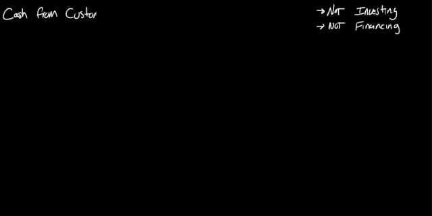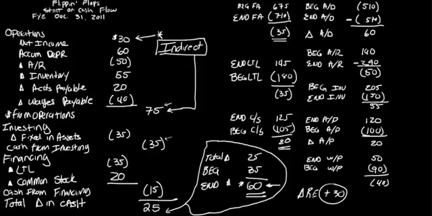To make this easy, let's go back and look at our original statement of cash flows. The two things we're going to do: we'll always look at the income statement and pull one number from there.